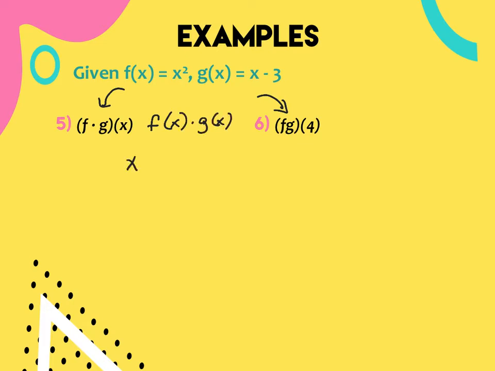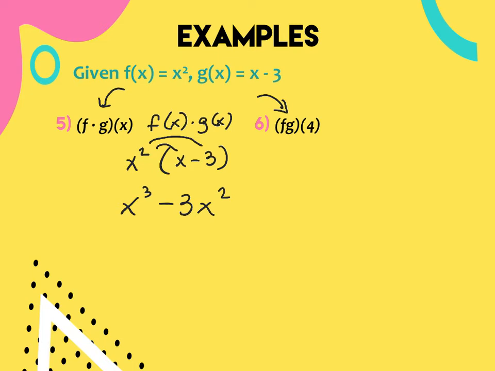My f of x function was x squared. My g of x is x minus 3. And now I just distribute. x squared multiplied by x gives me x cubed. x squared multiplied by the negative 3 is negative 3x squared. And that would be the combined function.